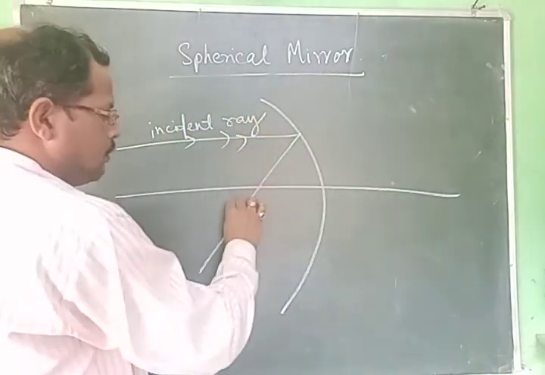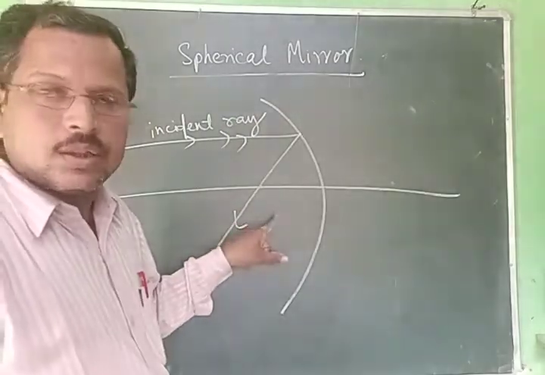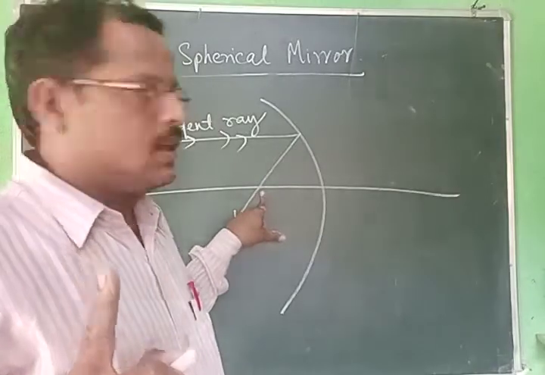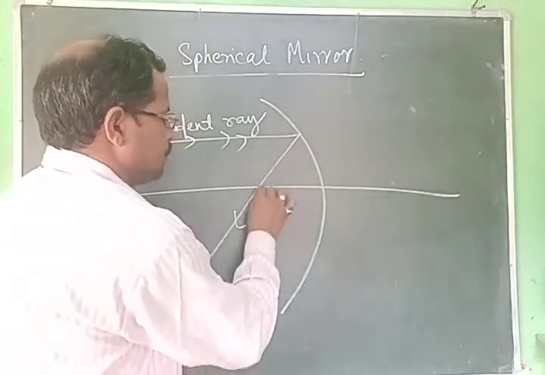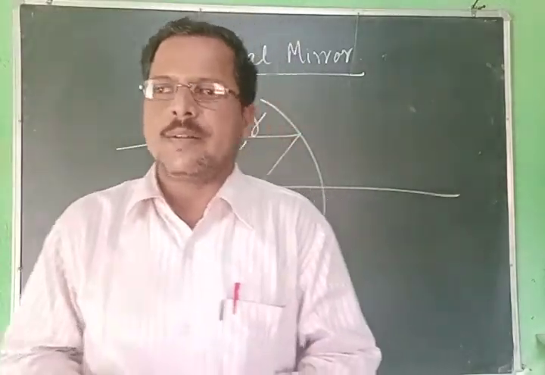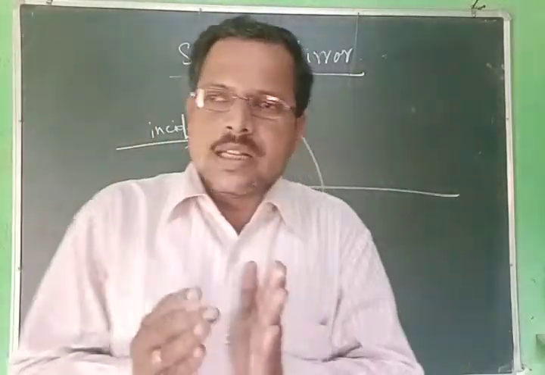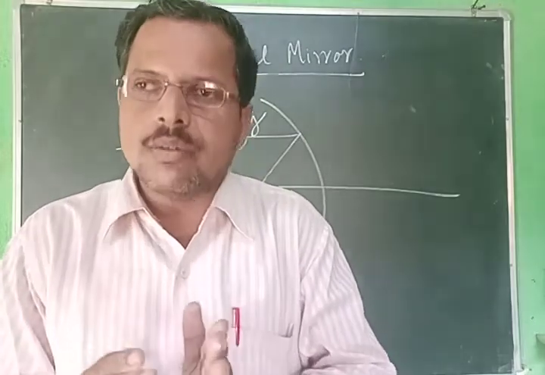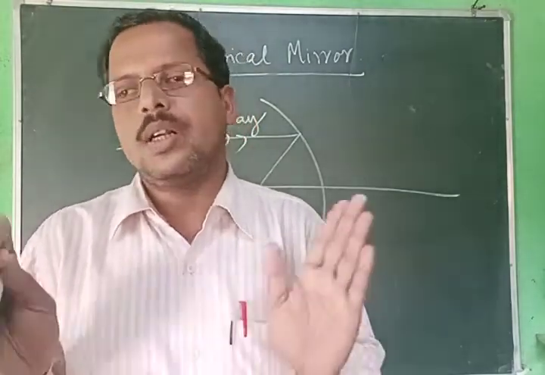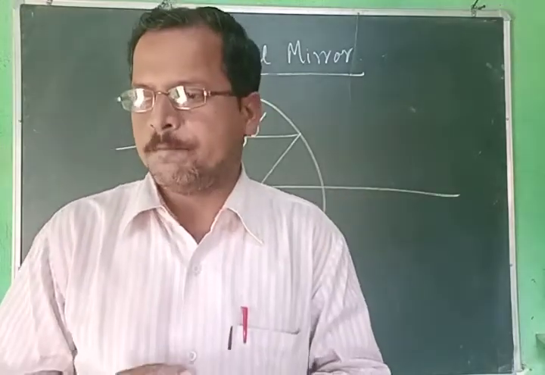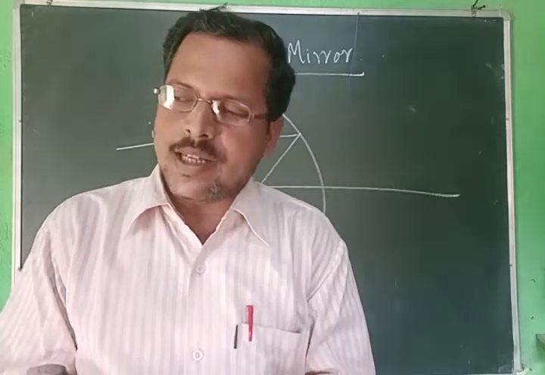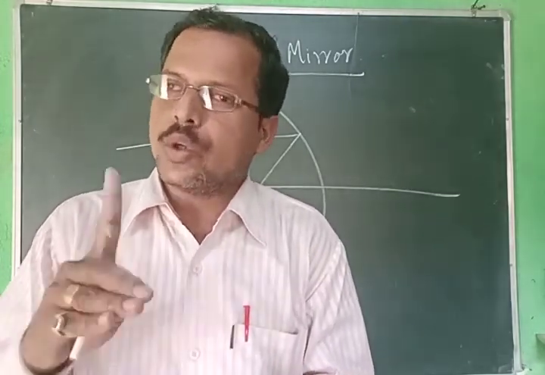After reflection, the point at which it intersects the principal axis is called the principal focus. And remember, we read later that all lines coming parallel to the principal axis always converge at the point called the principal focus. That means all lines coming parallel to the principal axis always pass through the principal focus.